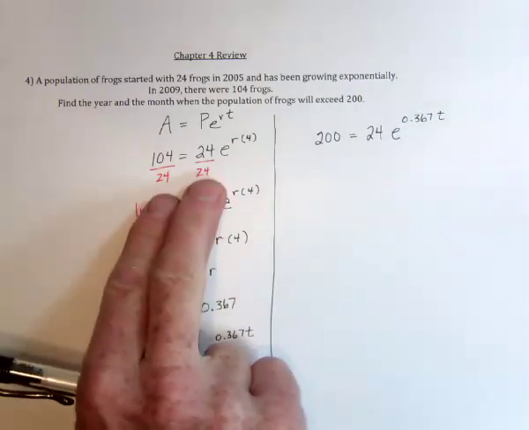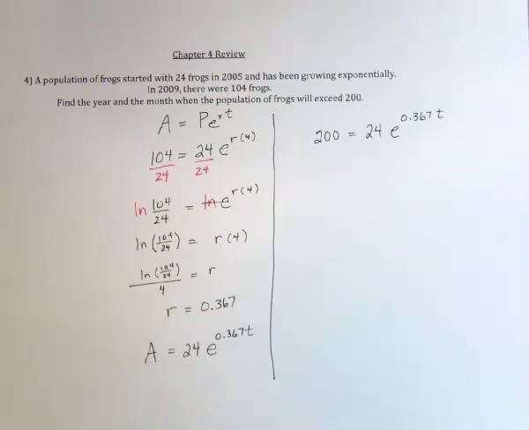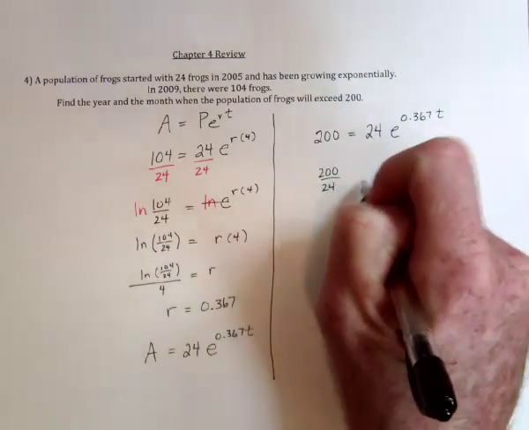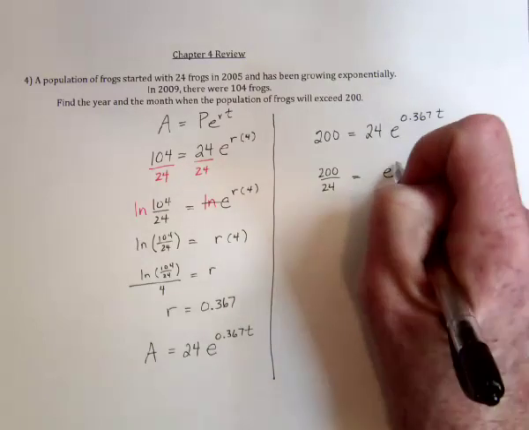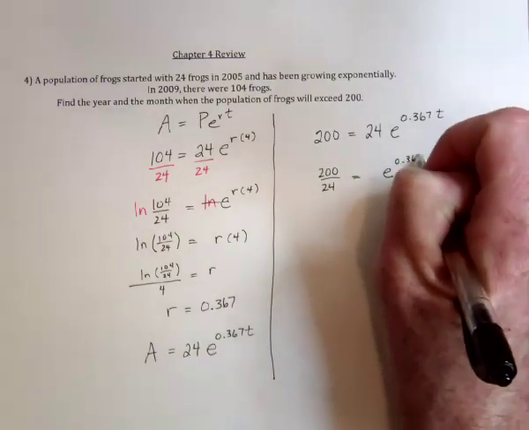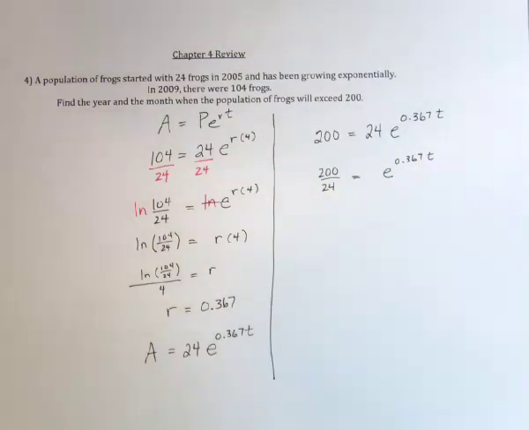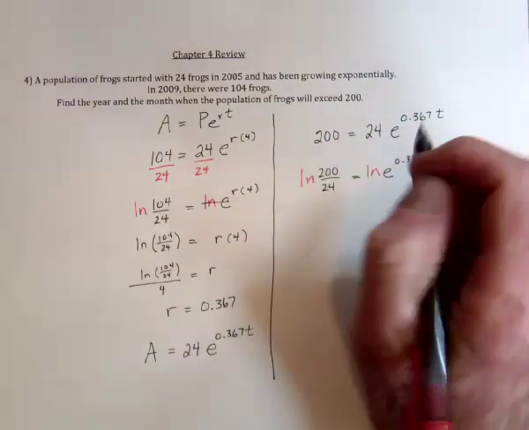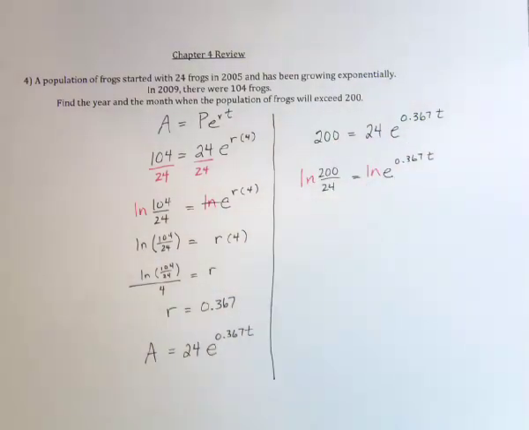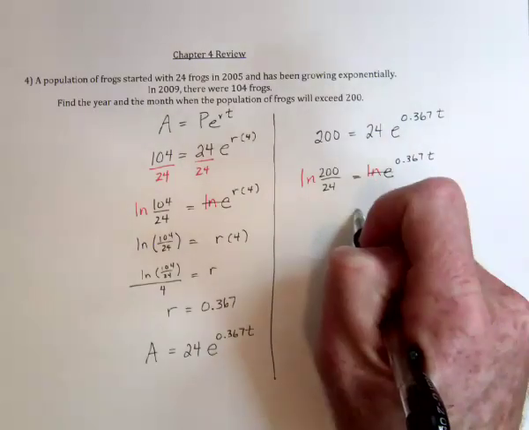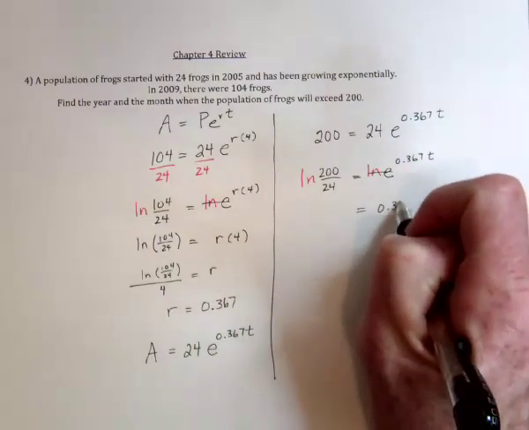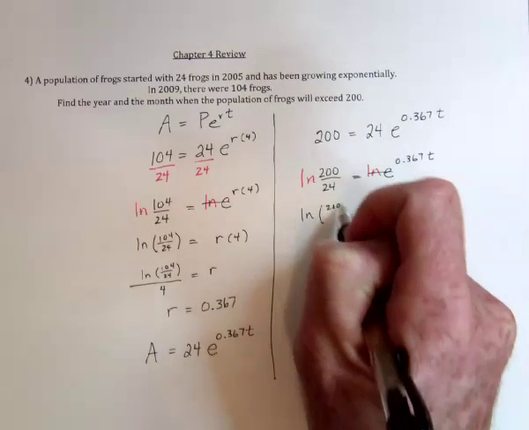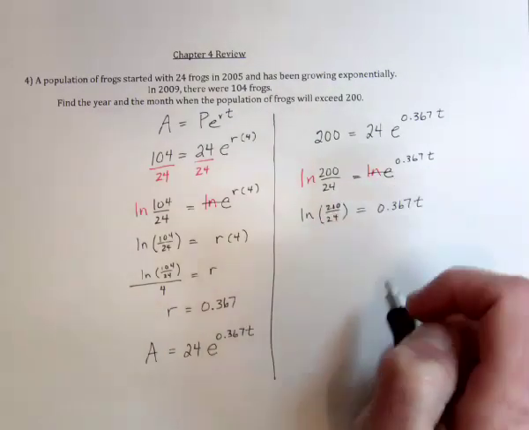The work's basically the same as this, so we can divide by 24, 200 divided by 24, that isolates the e, and then to eliminate the exponential function, use natural log. Once these are gone, we would then have 0.367t, and on this side the natural log of the fraction 200 divided by 24.